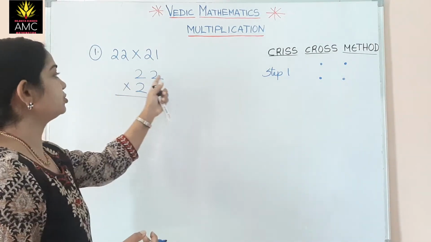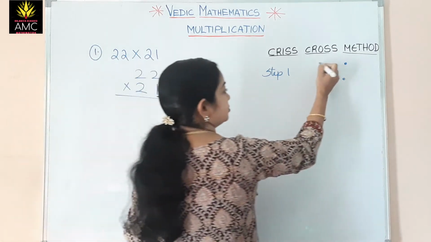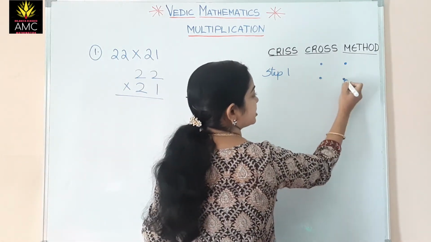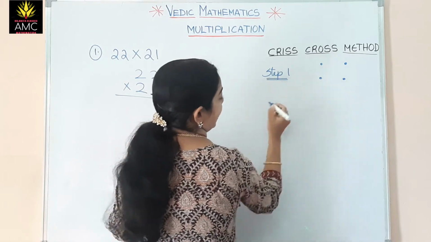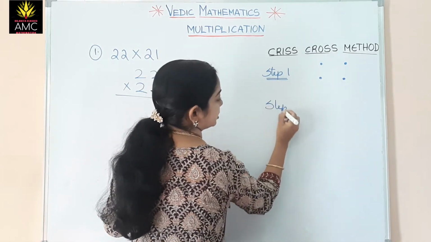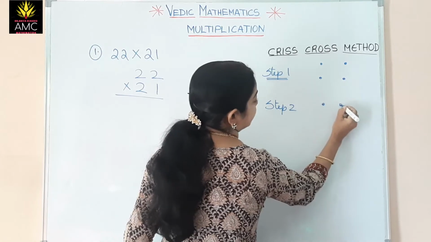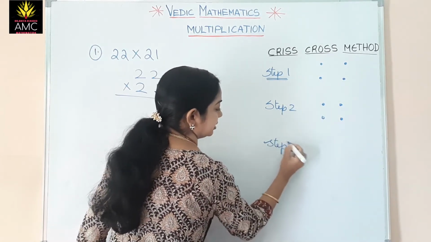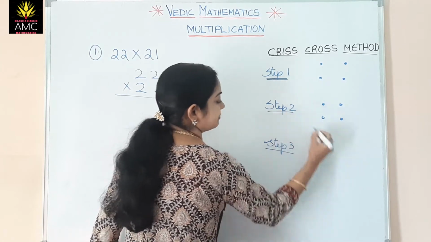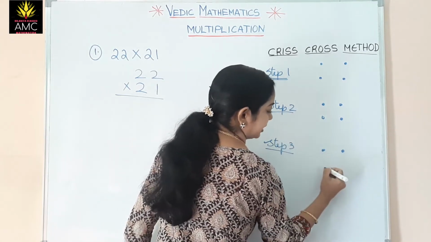This is a two-digit number, so I have placed two dots here, again two dots, because we are multiplying with a two-digit number. Step 2 is again 2 cross 2, and then step 3. These are very simple and very catchy.